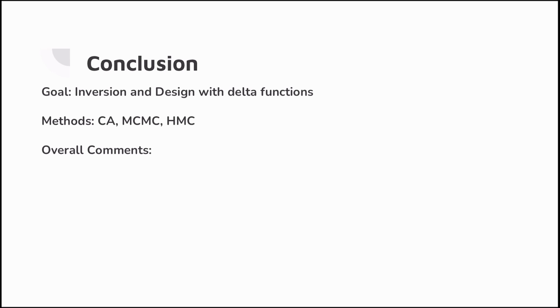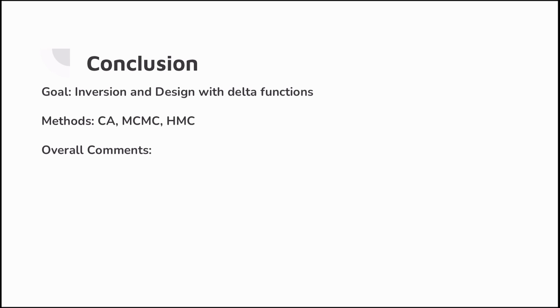So our goal with this talk was to look at inversion methods and design using a delta function model. To this end, we looked at the methods of configurational averaging and Markov chain Monte Carlo, and also a bit of Hamiltonian Monte Carlo, to attempt to invert our problem.